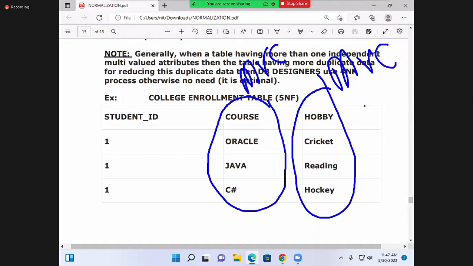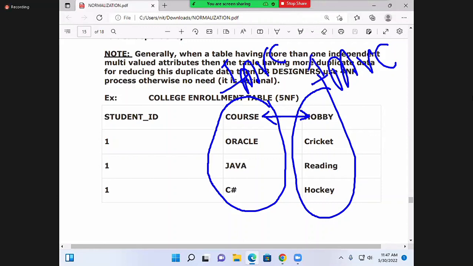Now tell me, guys, do the course column and hobby column have any relation? No. Courses are different, hobby is different. There is no relation between these two. Both are independent columns.